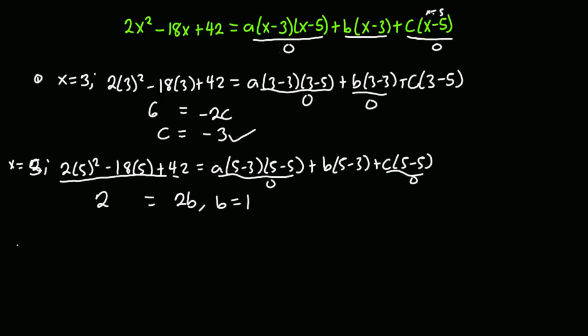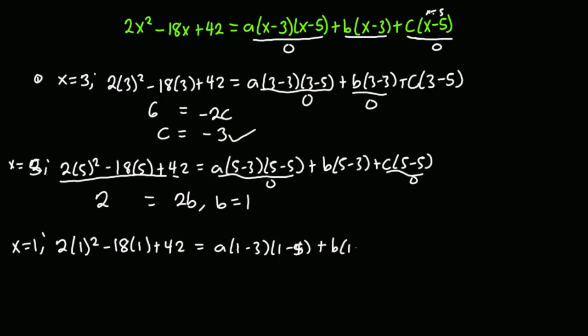So if we say x is equal to 1, we get 2 into bracket 1 squared minus 18 into bracket 1 plus 42 is equal to a(1 - 3)(1 - 5) plus b(1 - 3) plus c(1 - 5).